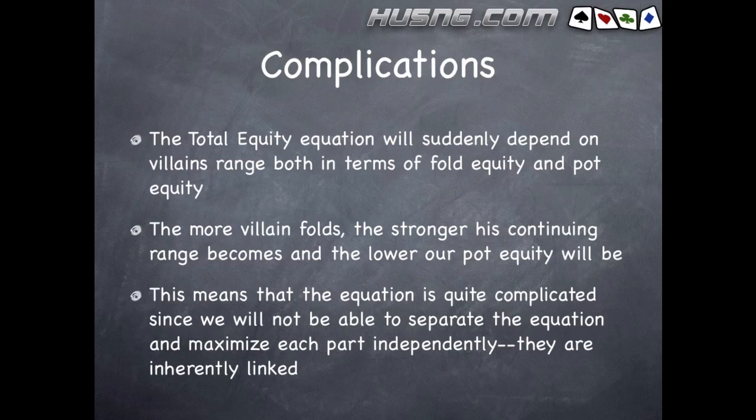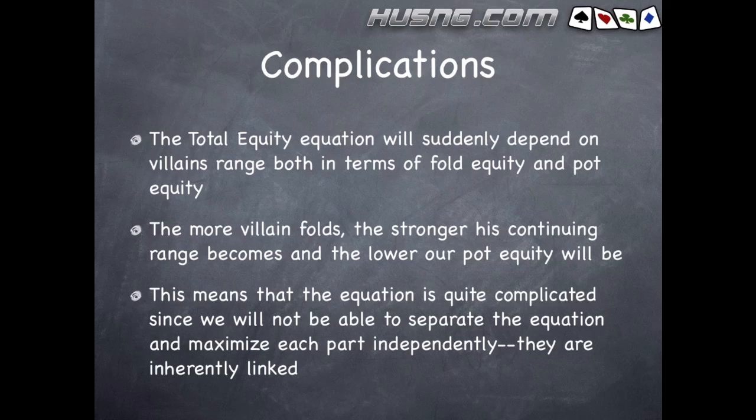Unfortunately, this can get pretty complicated. The total equity equation depends on villain's range, both in terms of fold equity and pot equity. If we're making an open pre-flop and folding out 20% of villain's range, yes, we're winning some fold equity. 20% of villain's range is folding and giving us the pot.